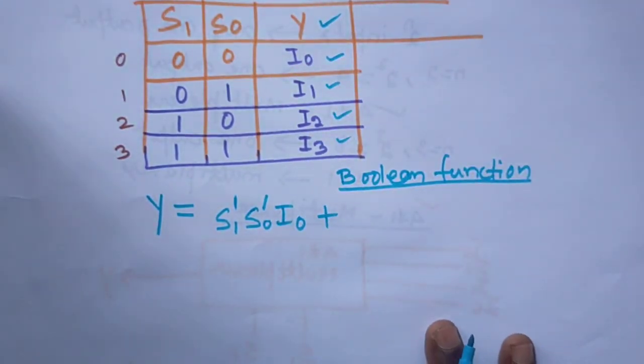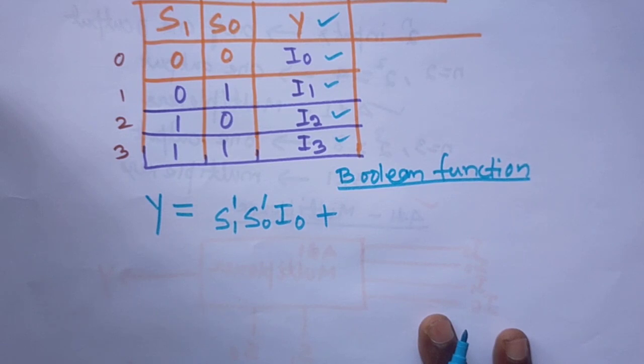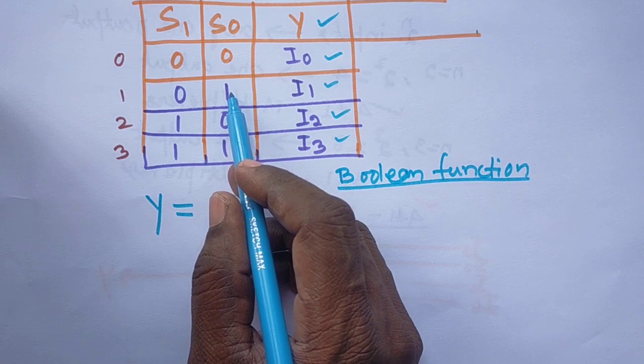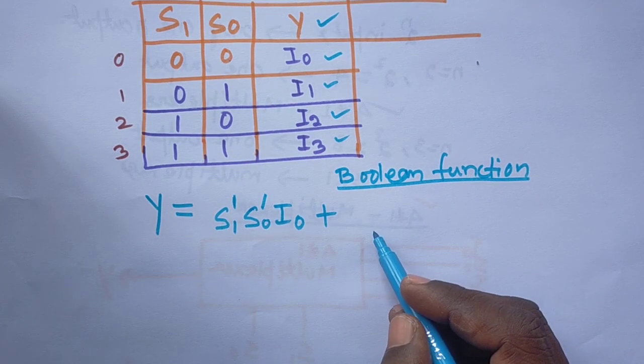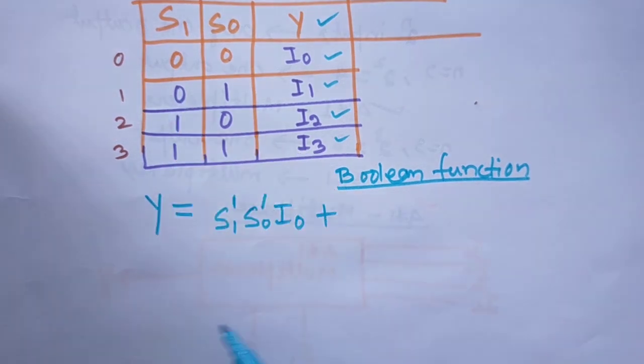Whenever we create the Boolean function for Y, Y is the output. How that output is defined through the Boolean function, we will see. Now see the other part. How is it 1? S0 is 1, and S1 is a complement, because it is 0.